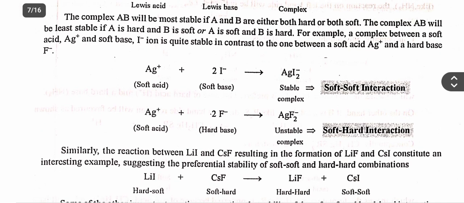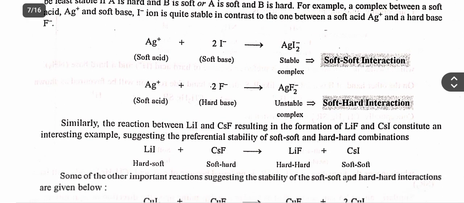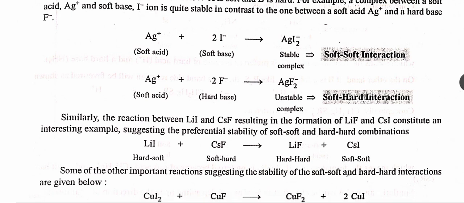The attraction between Ag+ and I- will be a soft-soft interaction, and between Ag+ and F- will be a soft-hard interaction. Similarly, the reaction between LiI and CsF resulting in the formation of LiF and CsI constitutes an interesting example suggesting the preferential stability of soft-soft and hard-hard combinations.